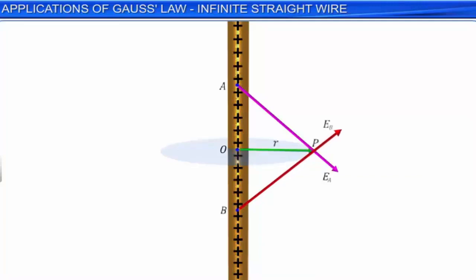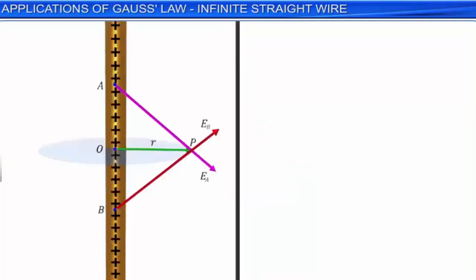As the two elements A and B are equidistant from O, they are also equidistant from P. Thus, the magnitudes of the electric field strengths due to A and B at P are equal. To get the net electric field strength at P due to A and B, we resolve these electric fields into horizontal and vertical components.